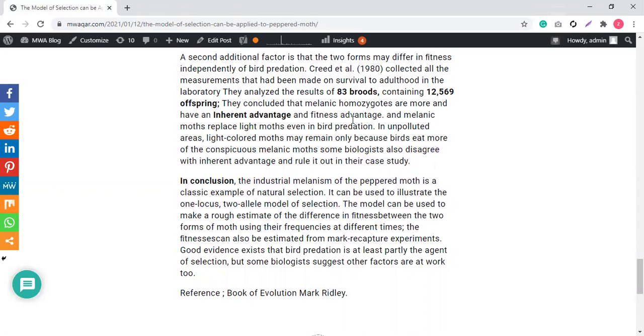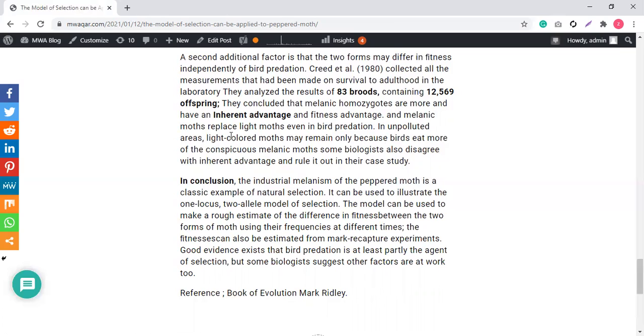They concluded that melanic homozygotes have an inherent advantage, and fitness advantage means they are very lucky. The melanic form has the inherent advantage that they are present in the more form. Their genes are more fitted and more strong, I should say.